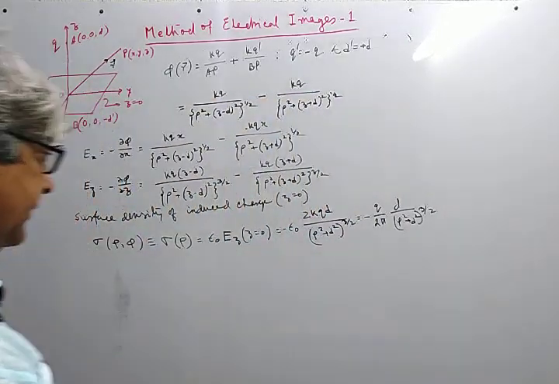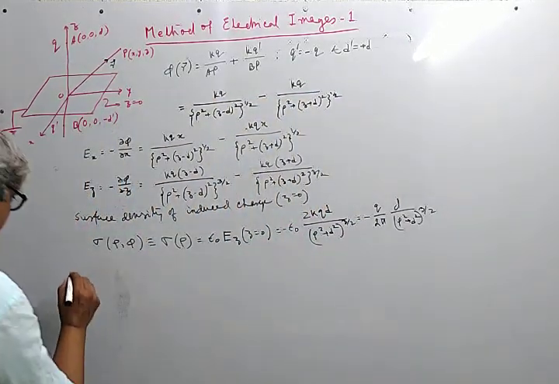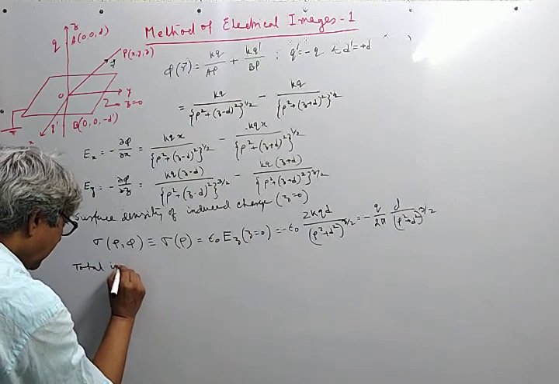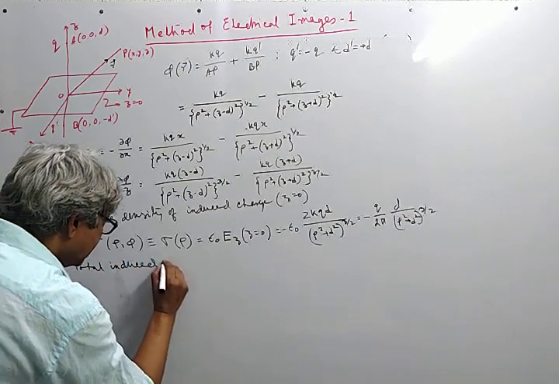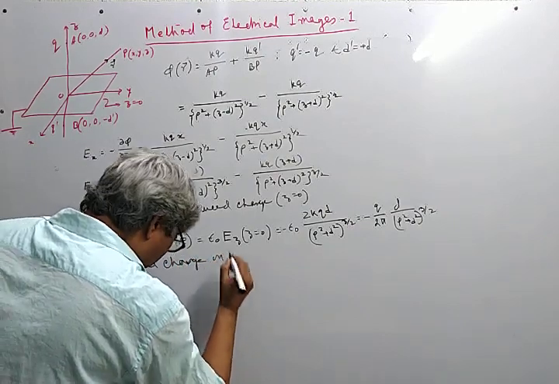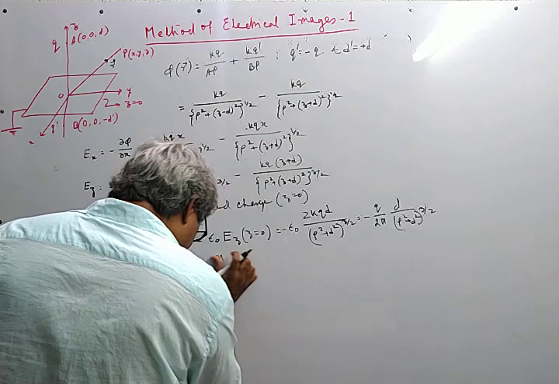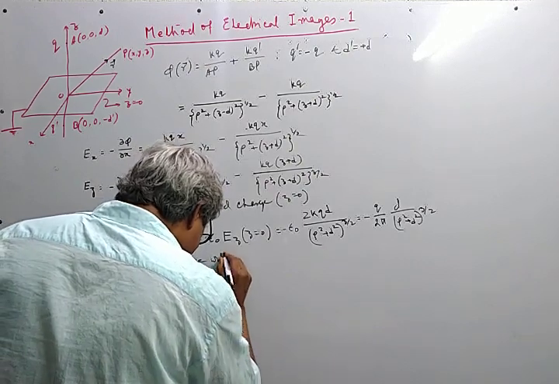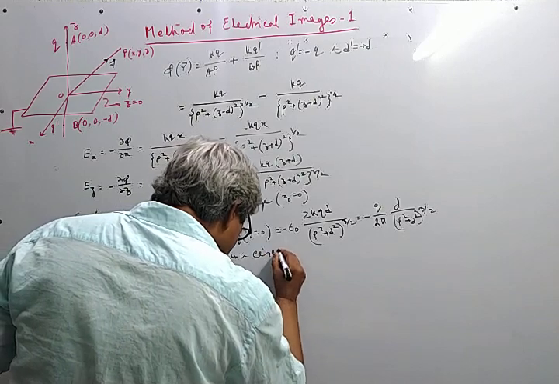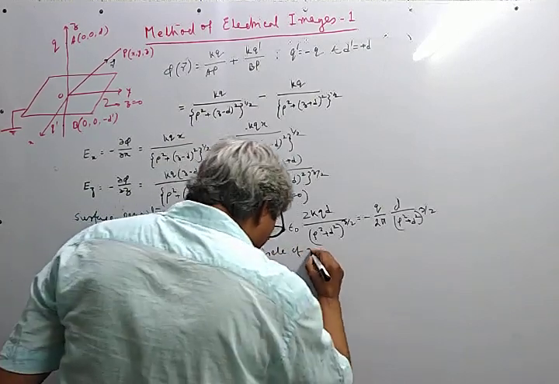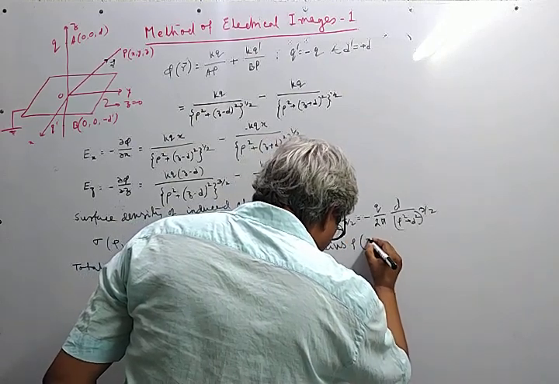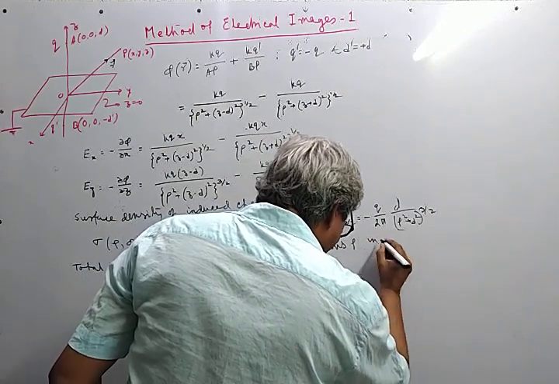What is the total induced charge within a circle of radius rho in the z equal to 0 plane?